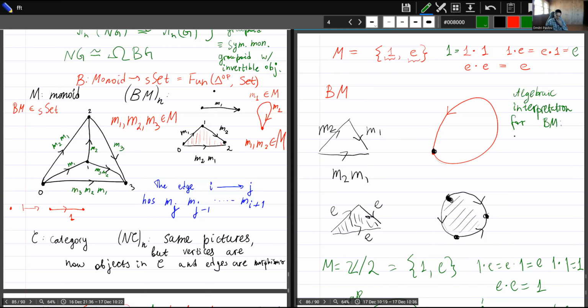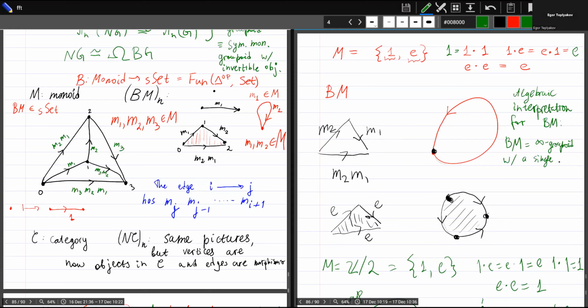BM is simply the infinity groupoid with a single object.